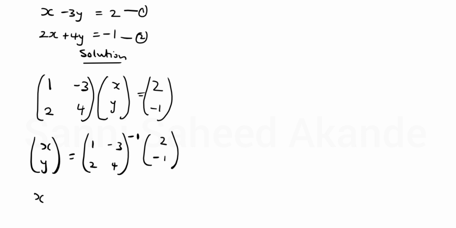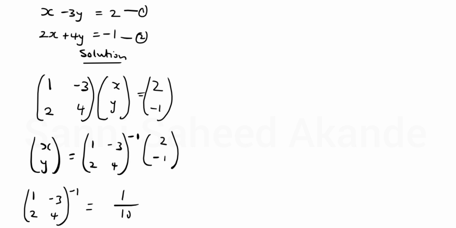Before we even write x, let's find the inverse of this matrix. To find the inverse, we write 1, -3, 2 and 4, raised to power minus 1, is equal to 1 over the determinant of this matrix. 1 times 4 is 4, then minus 2 times -3 is minus 6. So that is 4 minus minus 6.